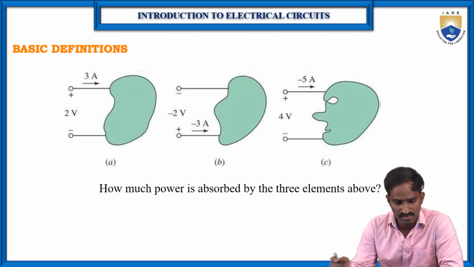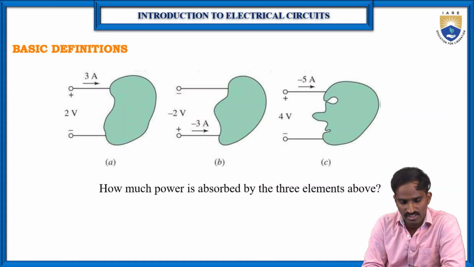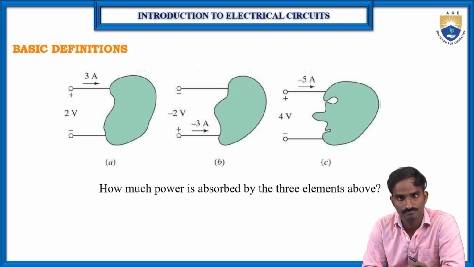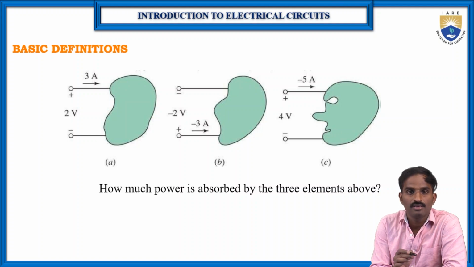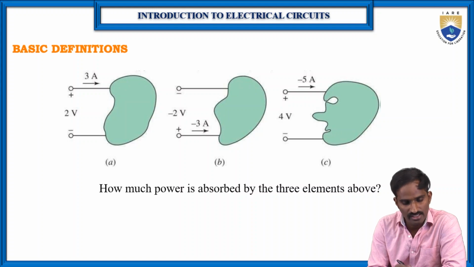Here are some basic examples that I have mentioned. We have to calculate the power in case A, case B and case C, three different elements. The current has both magnitude and direction, and the voltage has magnitude and polarity.